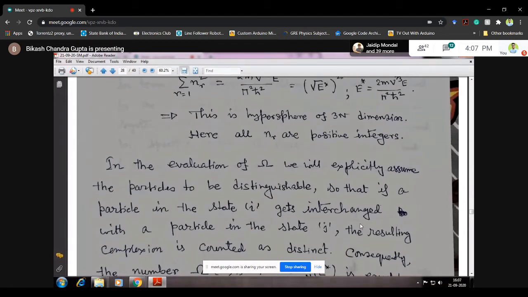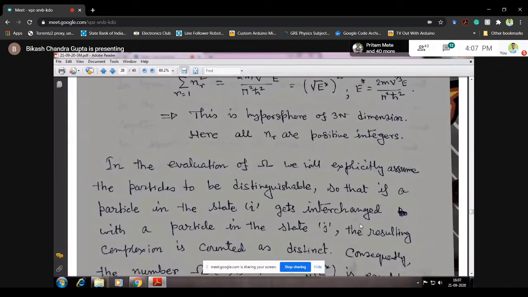You will have only particular energies allowed, because nx, ny, nz are positive integers. With nx along x, ny along y and nz along z, you can have a sphere of some radius, with the maximum energy allowed from 0 to small epsilon.